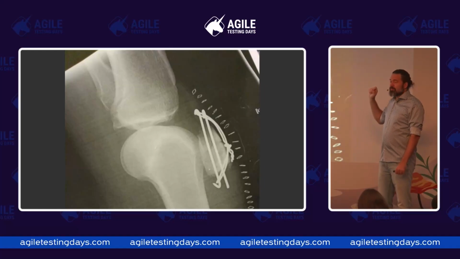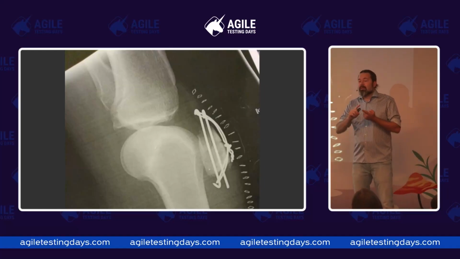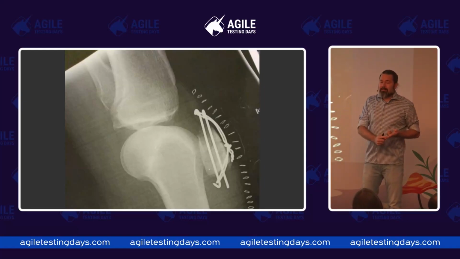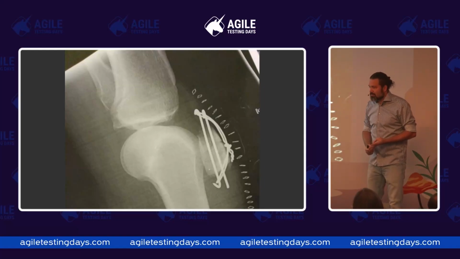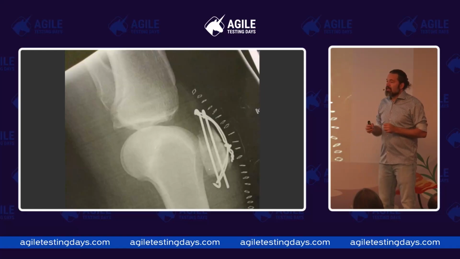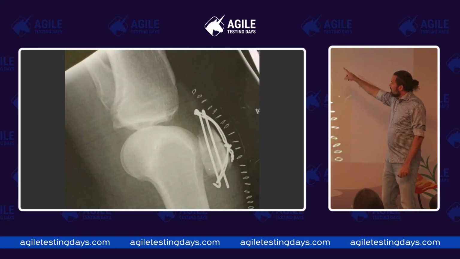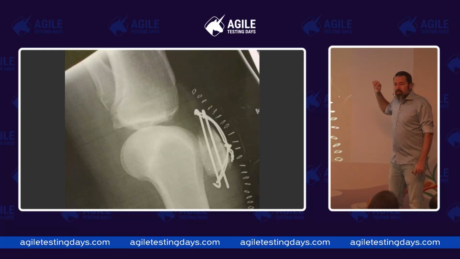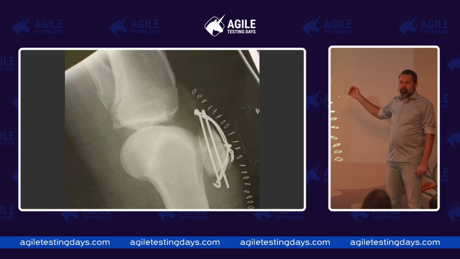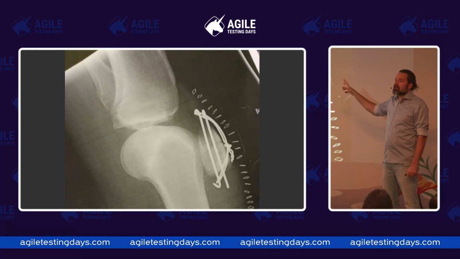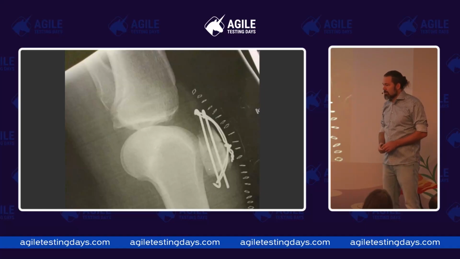And what I found interesting was that doctor did not ask me where the pain was. He did not take a blood sample. He did not measure my temperature. In testing terminology, he did not retest all. Instead, he only took this picture and took a look whether the change that was performed by the surgeon matched the expectation he had of how my knee was supposed to look like.